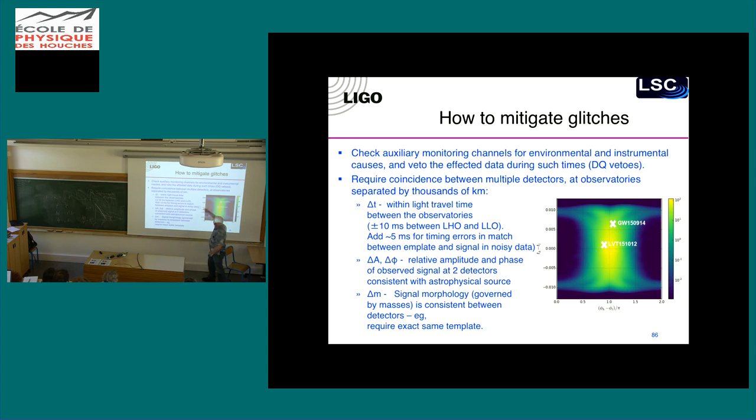The time difference can be as much as plus or minus 10 milliseconds between Hanford and Livingston. But we don't know where it is in here, but we know it's not going to be 14 or 15 milliseconds, or minus 14 or 15 milliseconds, the other way around. Furthermore, the phase, which comes from maximizing the cosine-like and sine-like parts of the template bank, you find a coalescence phase at Hanford and Livingston should be within about a half of a radian, plus or minus.